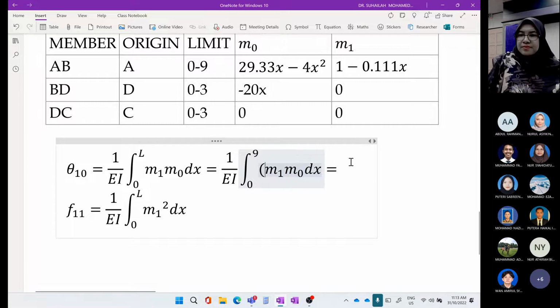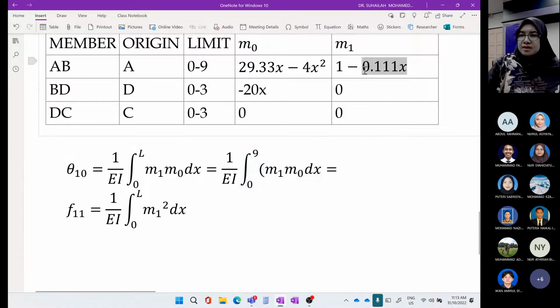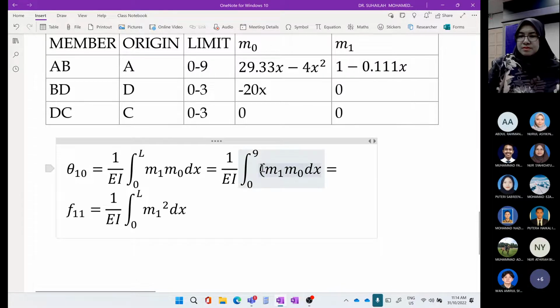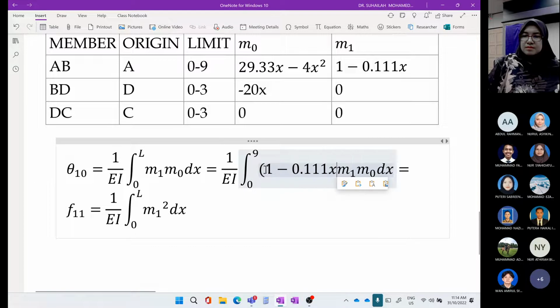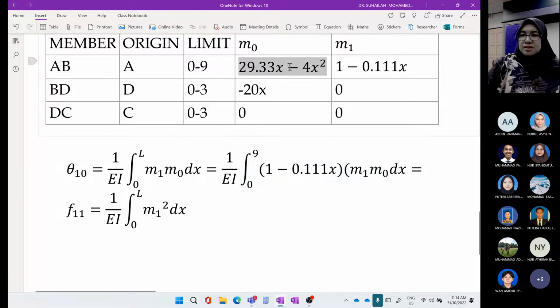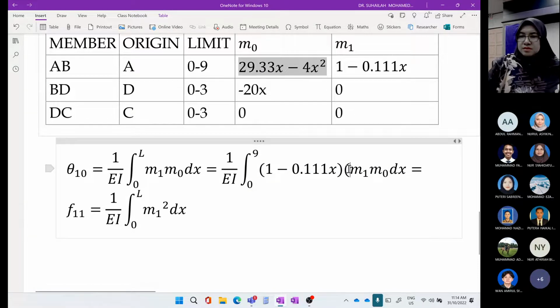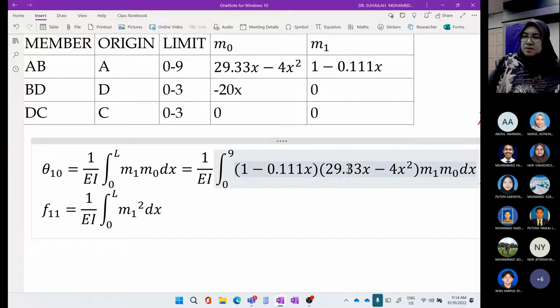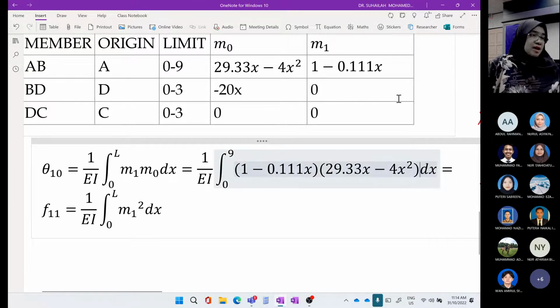M1 is yang ni, kali dengan M0. This is M0, right? Okay, only this, right? Because the rest times with 0, right?